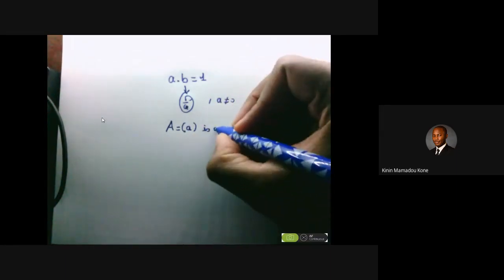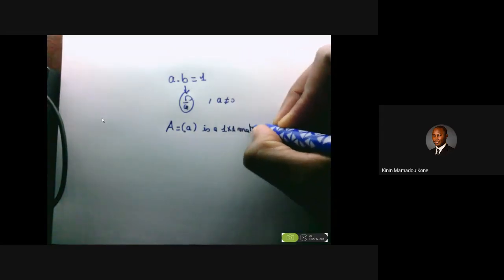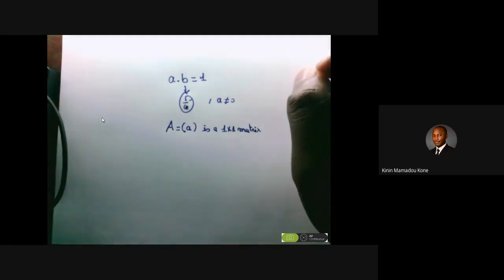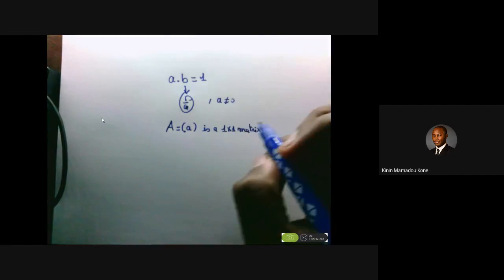So if we consider a one by one matrix A, with an entry in the first row and first column, A would have a multiplicative inverse if and only if A is not equal to 0.